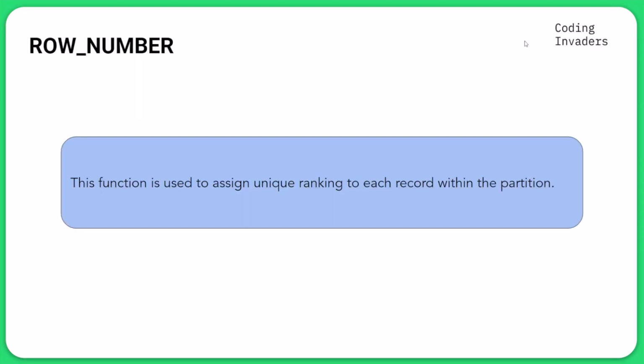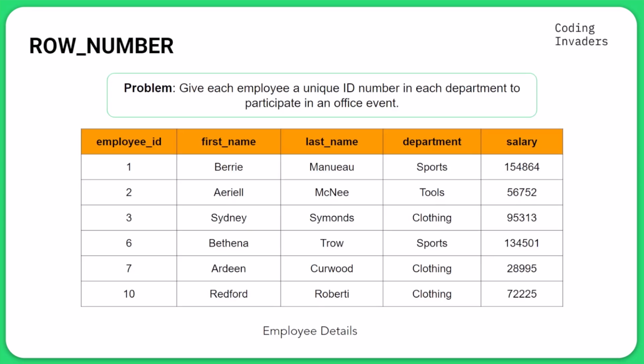Alright, now let me introduce you to another function, which is row number. So this function is used to assign unique ranking to each record within the partition. It is very straightforward. It is like assigning a row number to each row within your partition. Now let's try to understand this with an example.